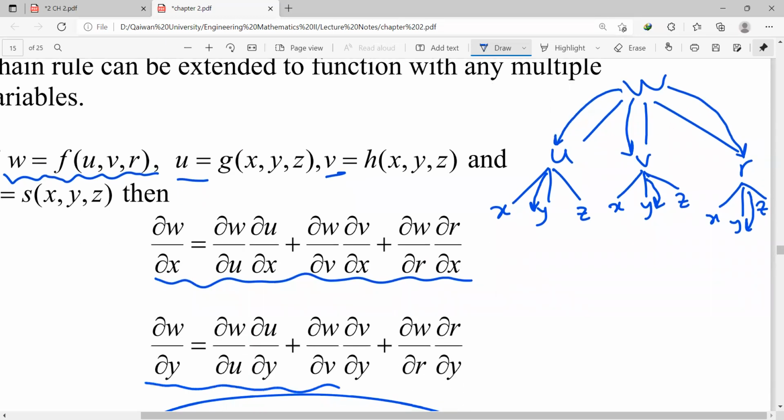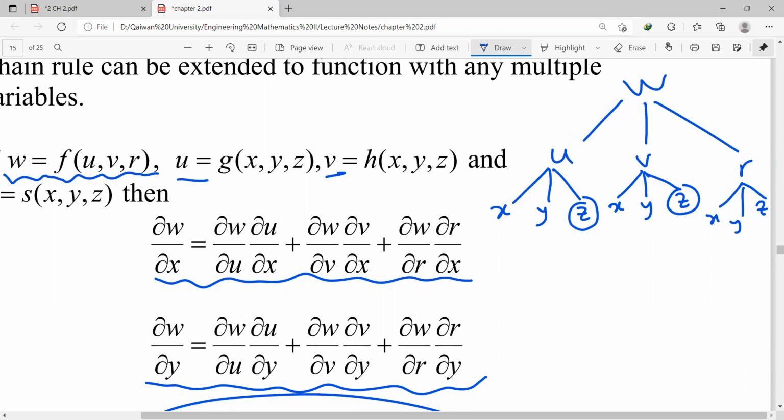And then for z, we do the same: partial w by partial z equals partial w by partial u times partial u by partial z, plus partial w by partial v times partial v by partial z, plus partial w by partial r times partial r by partial z.